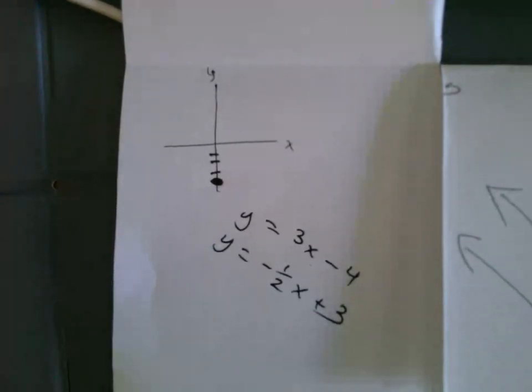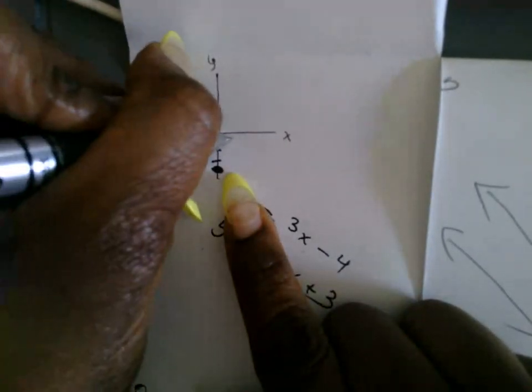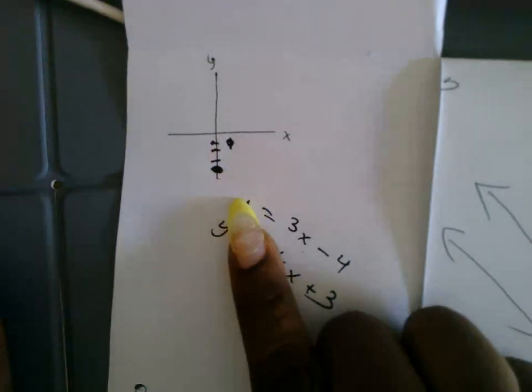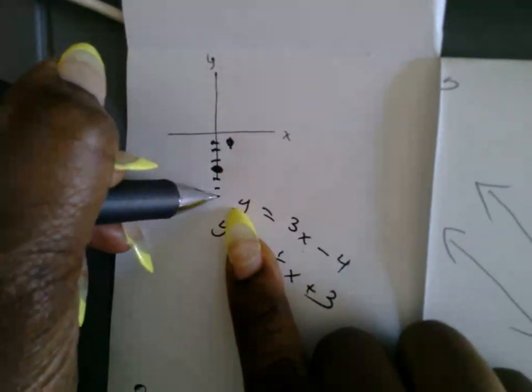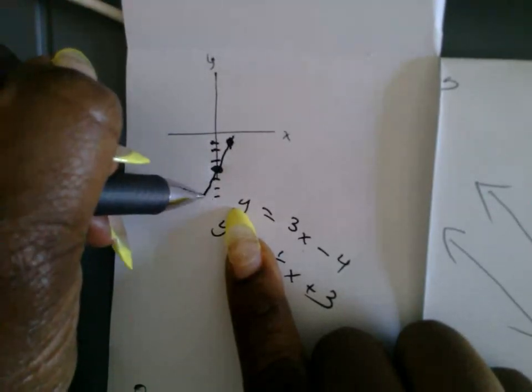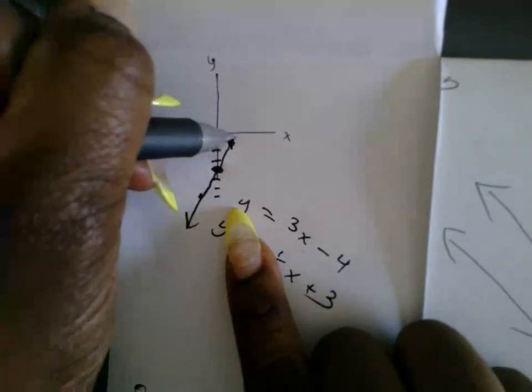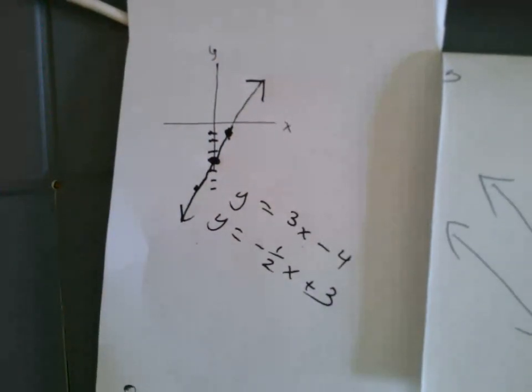And this slope is positive 3/1. So you're going to rise 3, run 1, put a point. Now, you can also fall 3 and go left 1. As a matter of fact, I encourage you to plot them in both directions. So that's the first equation.